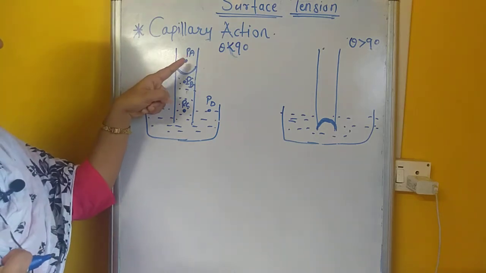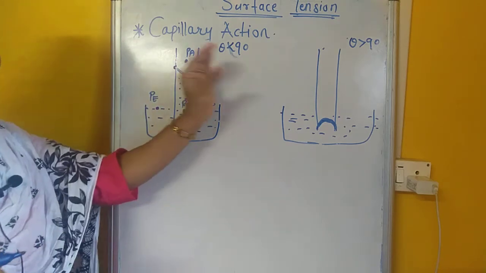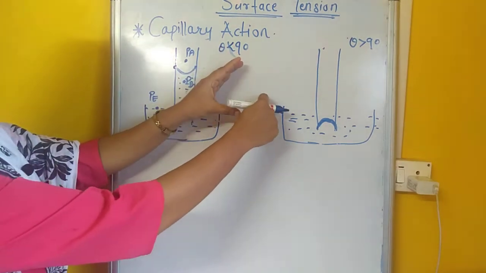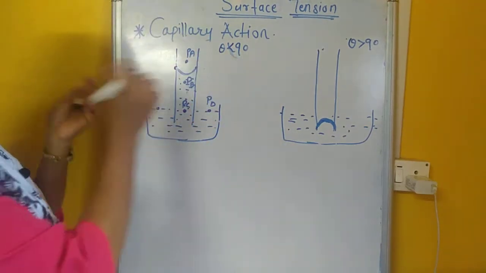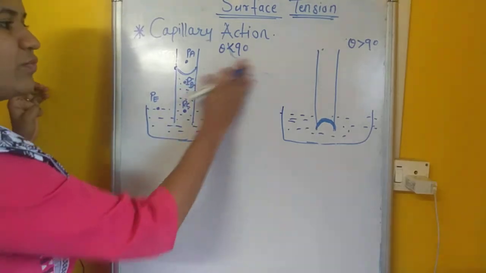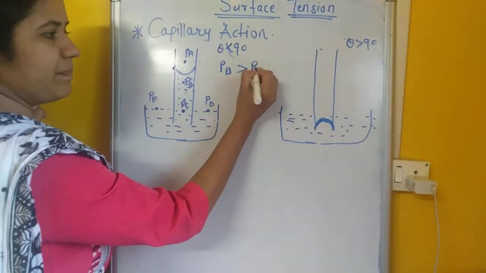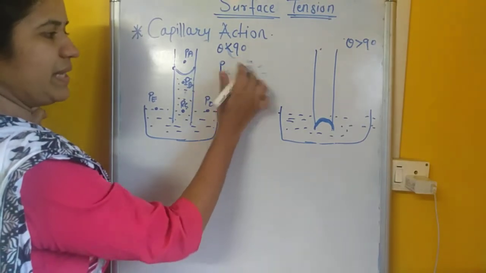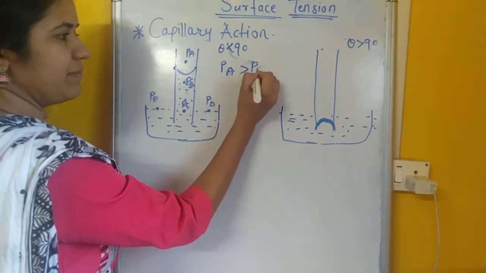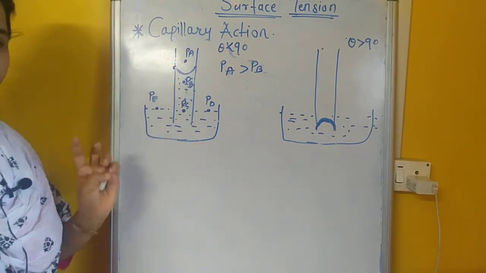So the concave pressure is greater than the convex pressure, and PA is greater than PB. Pressure at the concave side is very high as compared to PB.